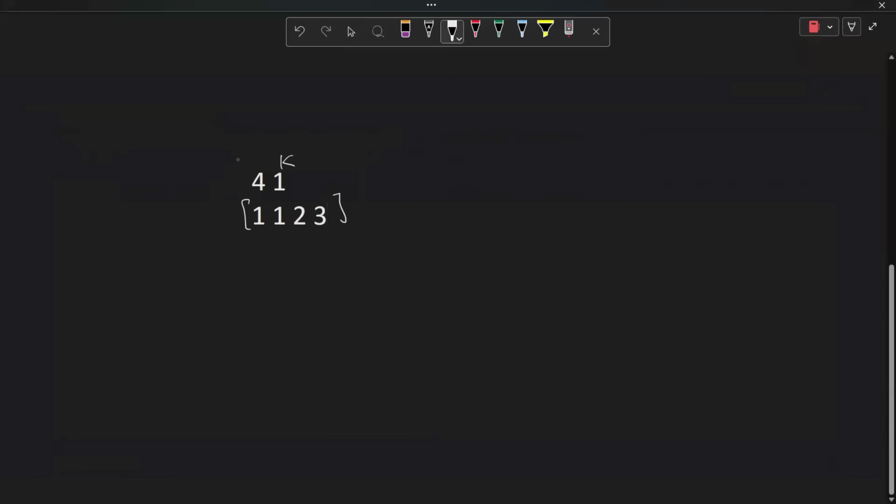So what does that mean? You need to apply one operation on this array. What would happen when you apply one operation? You already saw the example. The minimum element is 1, maximum is 3. Both of them would get removed. It would have 1 and 2 remaining, and 1 plus 3 is 4. So 4 would also get added. So basically, this is how your array would be going.